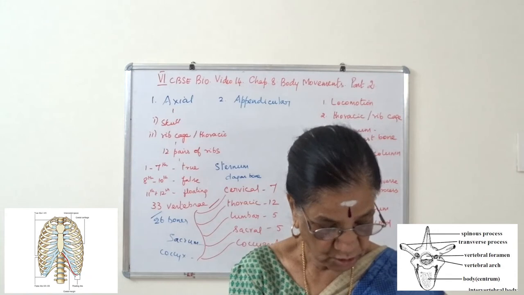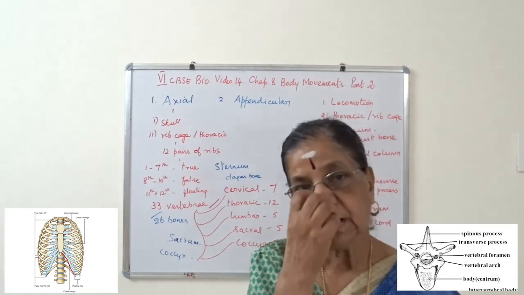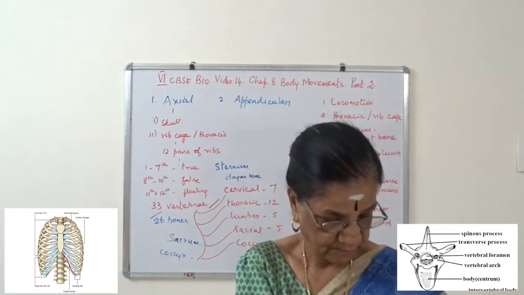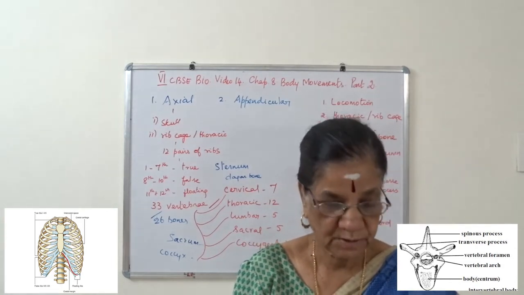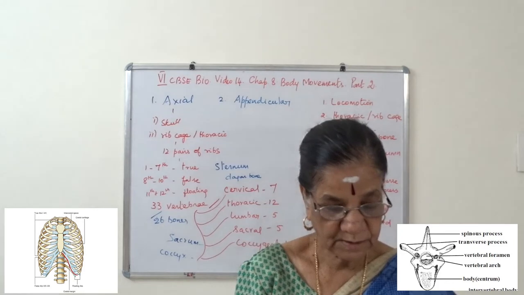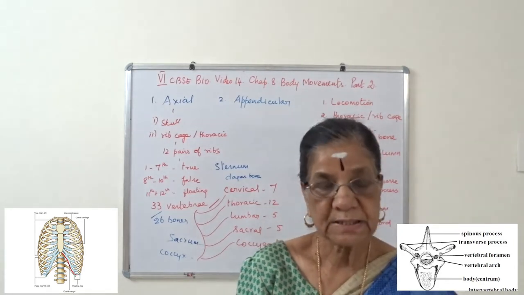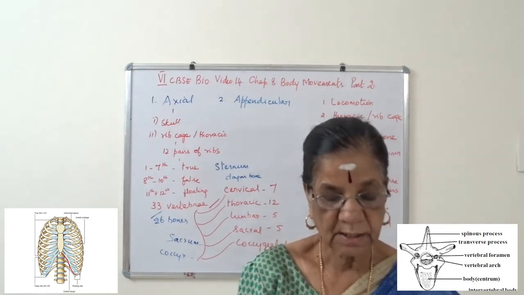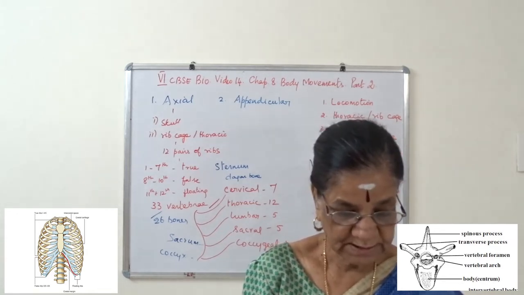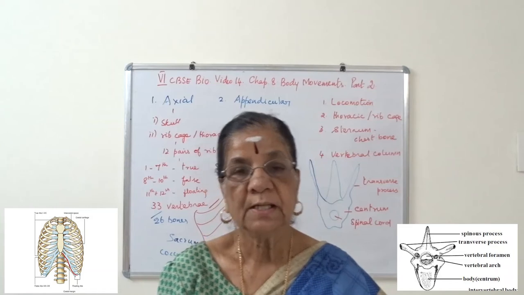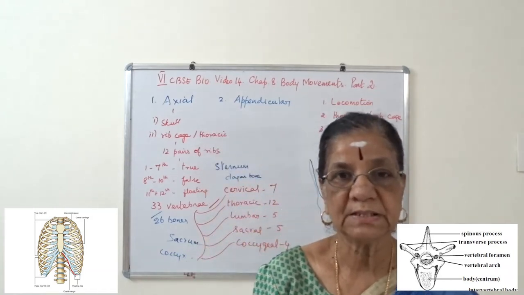And the lower jaw enables chewing of the food and talking. Then backbone we have already said. Right? Now what do you say for the rib cage? It protects the lungs, heart and major blood vessels.